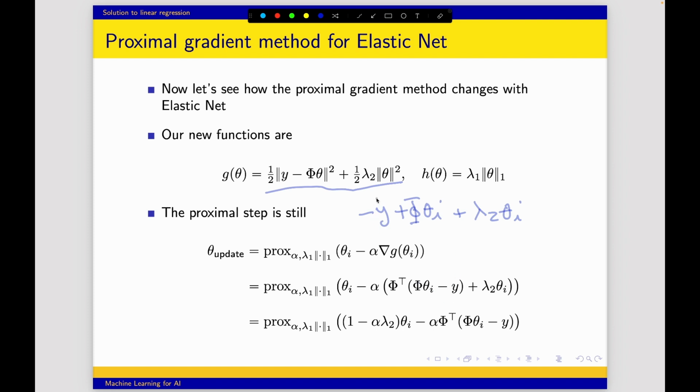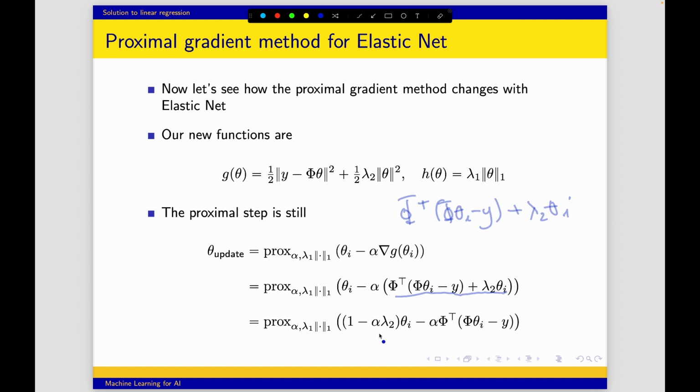Oh, sorry. We have here, let me rewrite this. We're going to have phi transpose theta I minus y plus lambda 2 theta I, which is what we have here. Right? And that's multiplied by this alpha here.